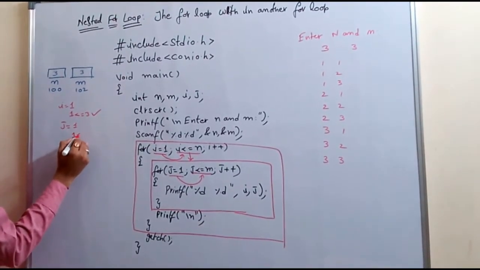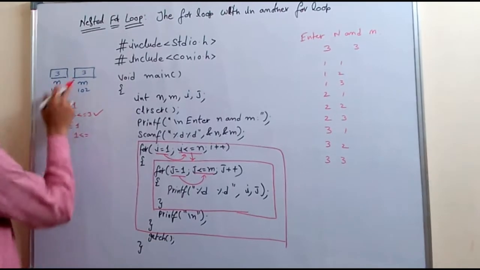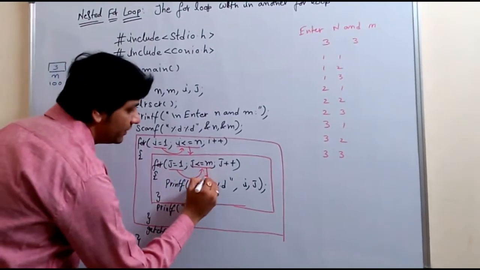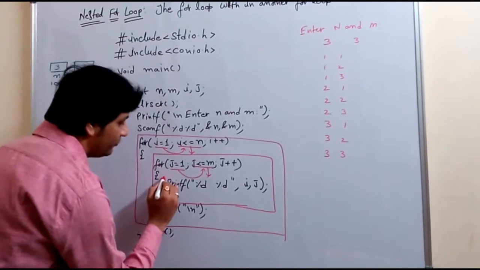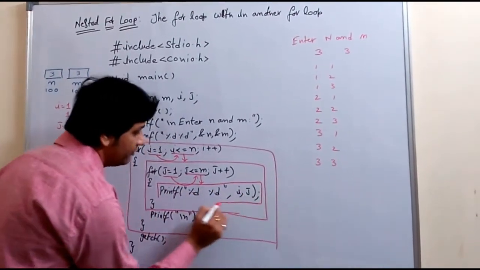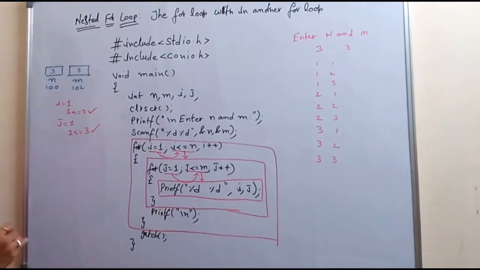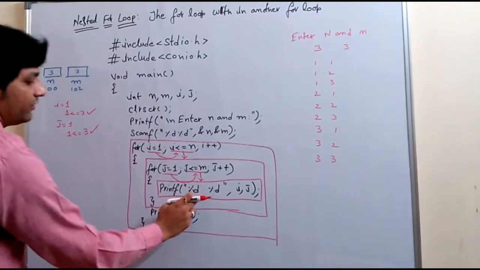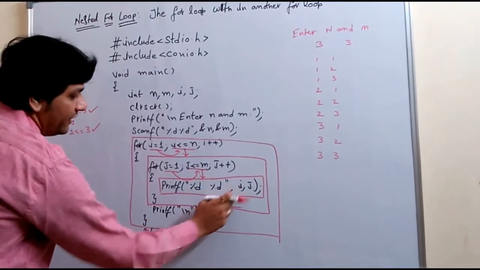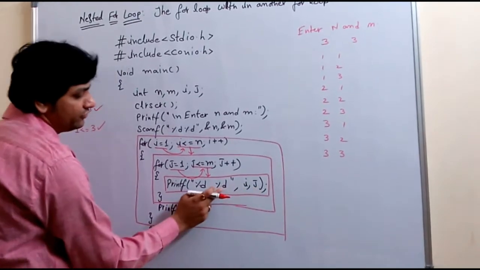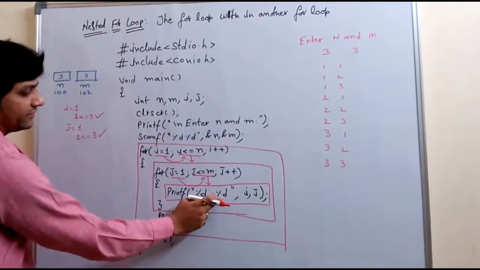The j value 1 is less than or equals to m, which is 3. It is right. Now it comes inside and this particular statement is displayed: percentage d space percentage d. The i value is displayed in the first percentage d, and the j value in the second percentage d.